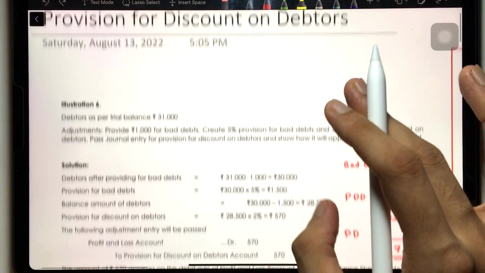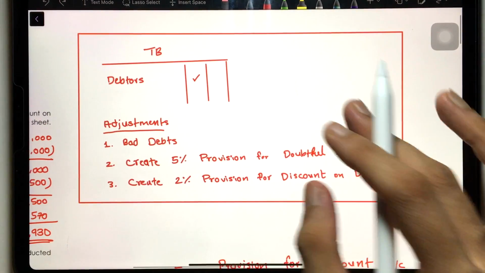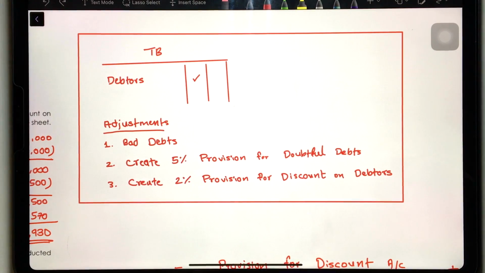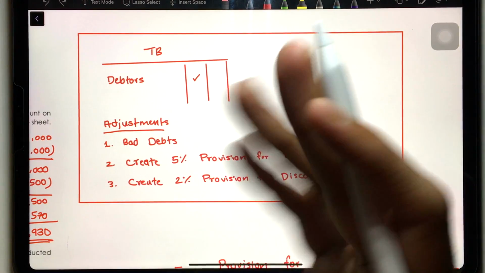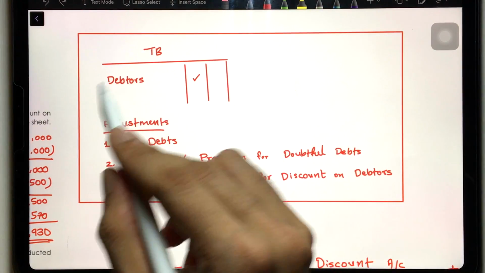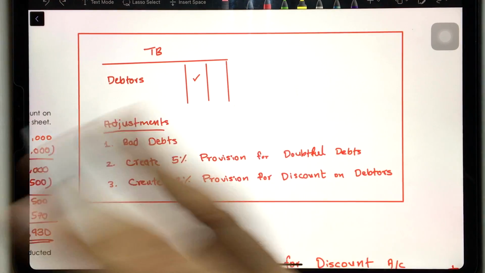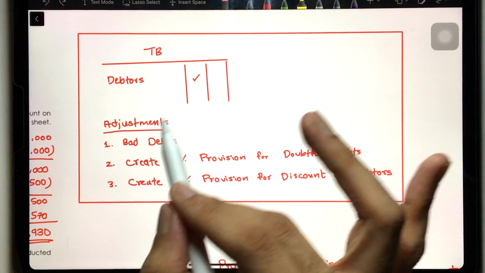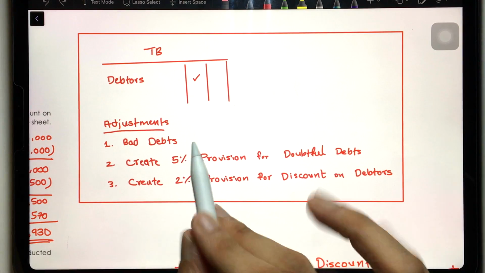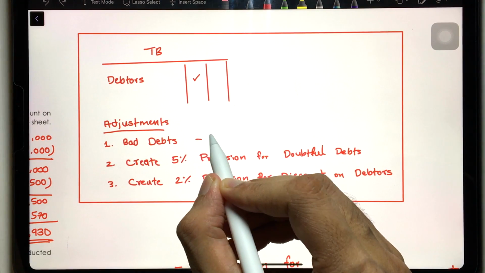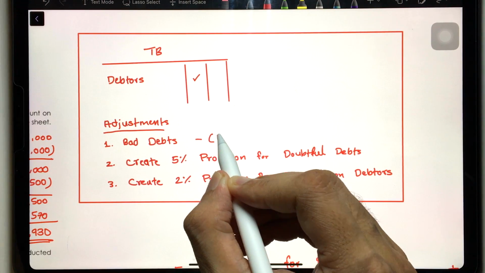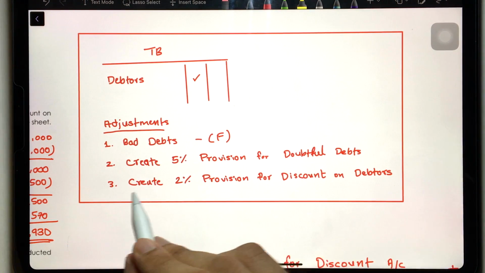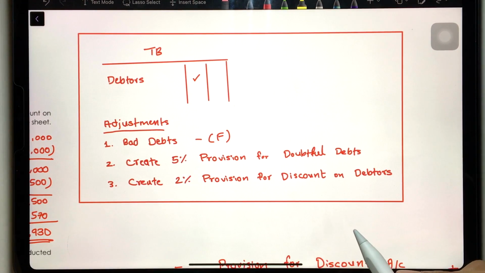See, it's really simple. First, you have to understand the scenario. In the question, in the trial balance, only the debtors balance is there. There is no bad debts, no discount, no provision maintained from previous years, nothing. Just the debtors balance is given in the trial balance. In adjustment, you have further bad debts. And then create 5% provision for doubtful debts, and 2% provision for discount on debtors.